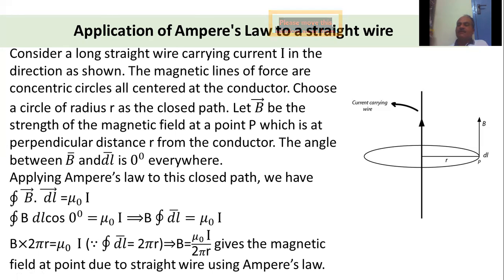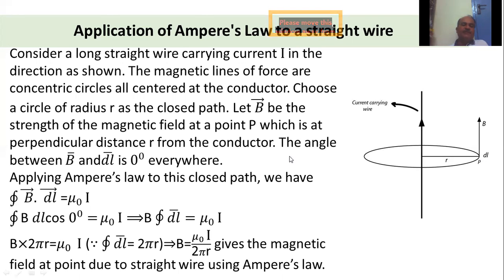This is the point P, and this is a tangent drawn at the point P. Then the angle between B and dl is 0, because both are parallel.